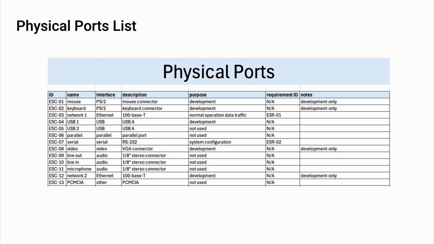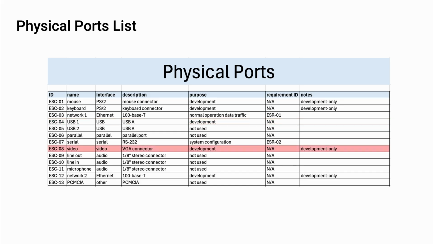We've got examples of that with ESC1 and 2, which are our mouse and keyboard. We have ESC4, which is for development, but it's not noted that it's for development only. So there's ambiguity there as to whether we're using it for development and diagnostics or just for development. That's something that should be clarified.